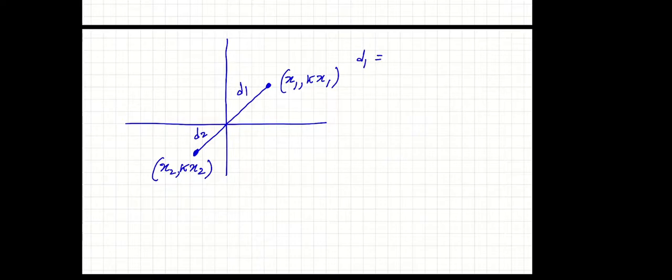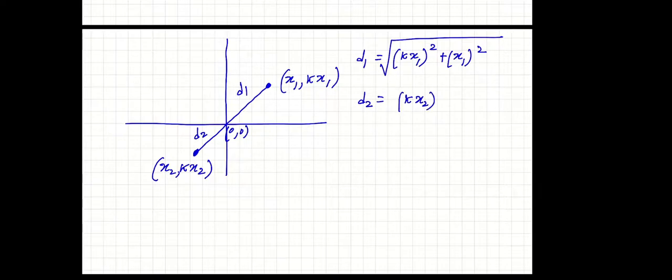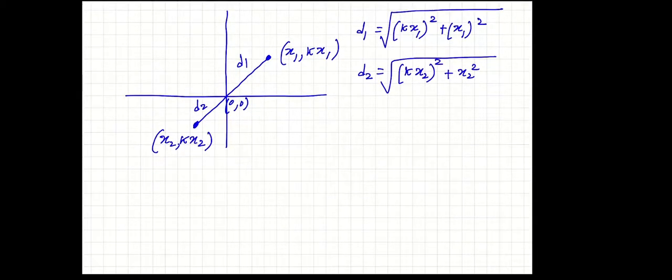So d1 would be, from (0, 0), the square root of kx1 squared plus x1 squared. d2 would be the square root of kx2 squared plus x2 squared. So those are grade 6-7 math, right? How to find the distance: y difference squared plus x difference squared, right? I directly did that. So what I'm asking is d1 divided by d2.